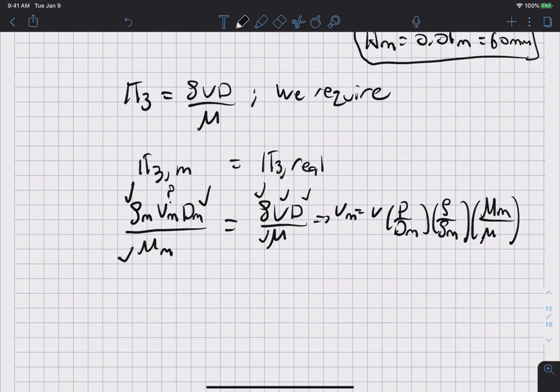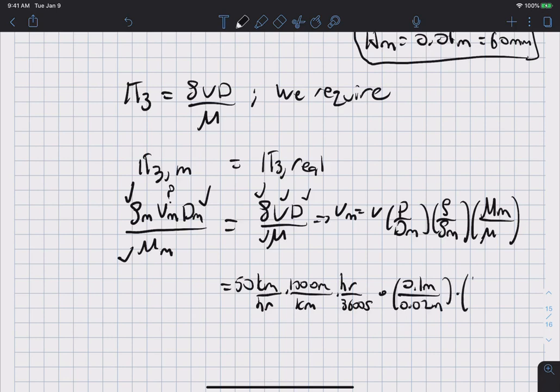And so if we stick in the numbers, that equals 50 kilometers per hour times 1,000 meters per kilometer times 1 hour per 3600 seconds times d over dm, so that's 0.1 meters over 0.02 meters times rho over rho m, and that's 1.23 kilograms per meter cubed divided by 998 kilograms per meter cubed.